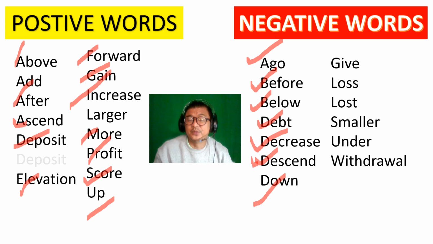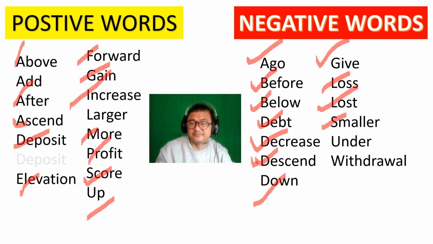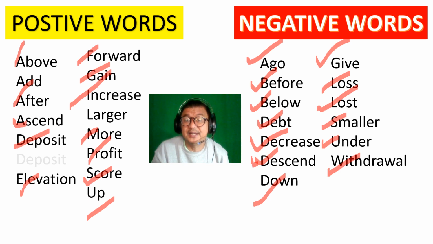When you give something, it goes away from you. So that's a negative. A loss. Smaller, got smaller, negative again. 5 meters under the water, that's also negative. Withdrawal, you took money from the bank, so your account in the bank will now be negative. Okay, remember that.